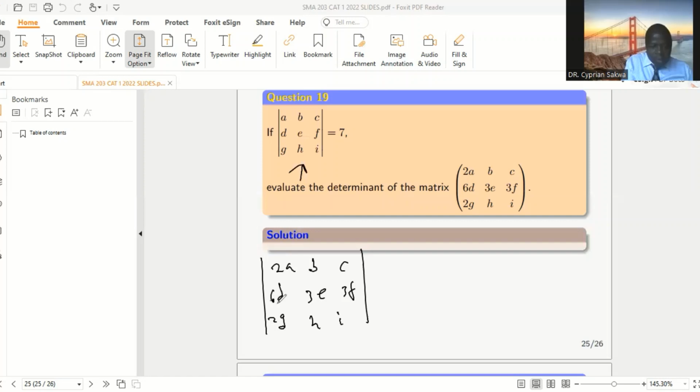This is 6D. I can factor out this column. Let me factor out column 1. Factor 2 out of column 1.